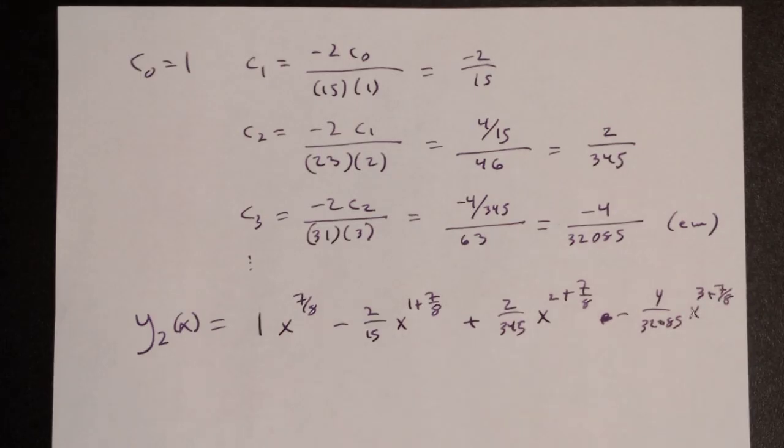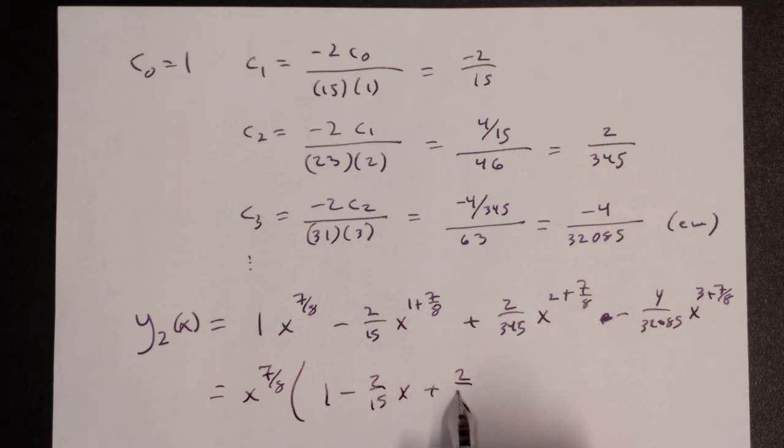I'm going to factor the x to the 7/8 out. This is not a Taylor series. This is not a Laurent series. This is not a Maclaurin series. This is not a power series the way we like them because of that x to the 7/8.